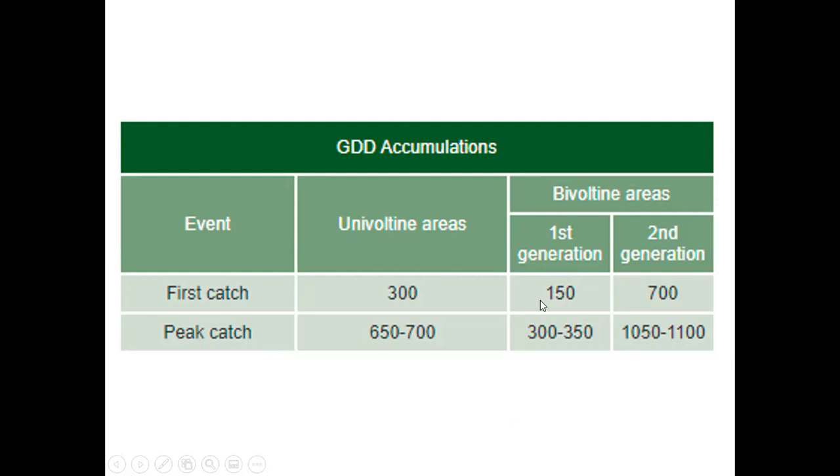The first catch in the first generation happens at 150 growing degree days. And then the second generation first catch happens at 700 growing degree days. And then I can also use those growing degree days to mark where the peak catch occurs. And so the peak catch is where peak egg laying is happening. And about a week later is where I'm going to see the most activity in the crop.